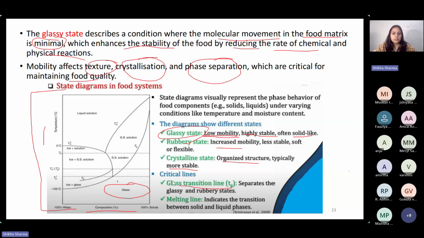There are different critical lines we can see here in this state diagram. The glass transition line separates the glassy to rubbery states, and the melting line indicates the transition between the solid and liquid phases.